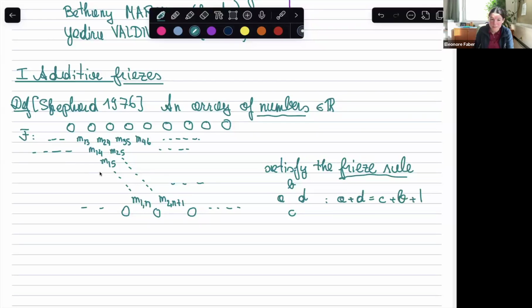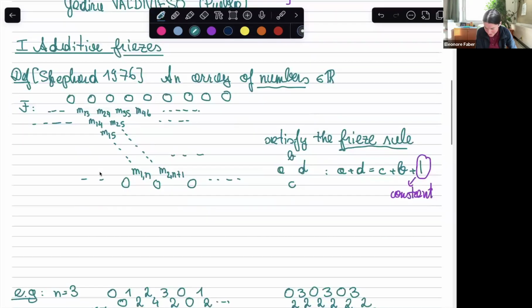And so basically you just replace all the multiplication by addition in the determinant. But here, this plus one might be a little bit arbitrary. Actually, you could take any constant. And so you could also take zero, but any constant is fine. But we'll see later why we take one.